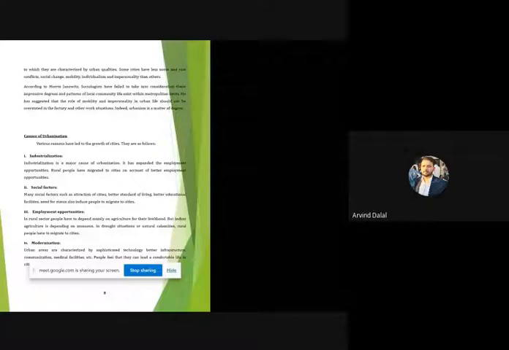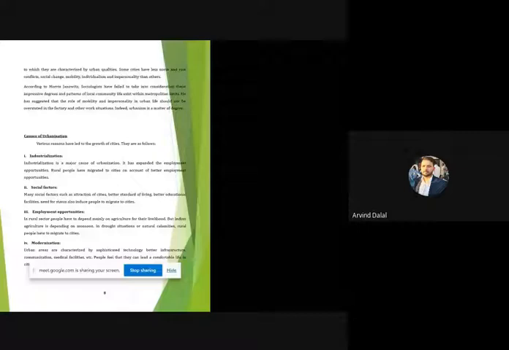Because of that, the condition of rural areas is also changing. And the social factors: people are very much attracted to cities. They admire cities and urban areas, the facilities for a better standard of living, better educational facilities, and the need for status.